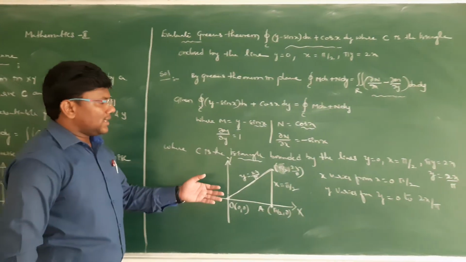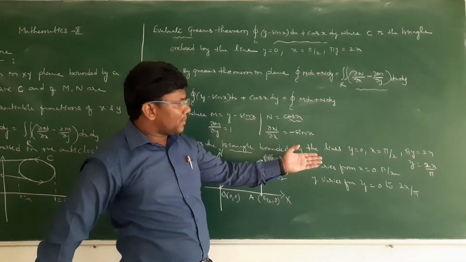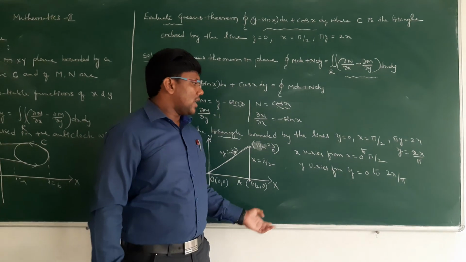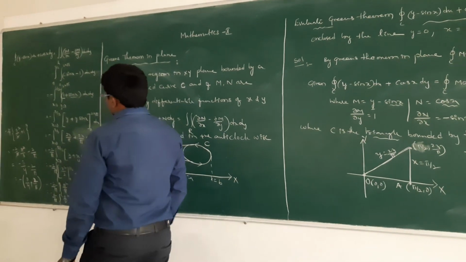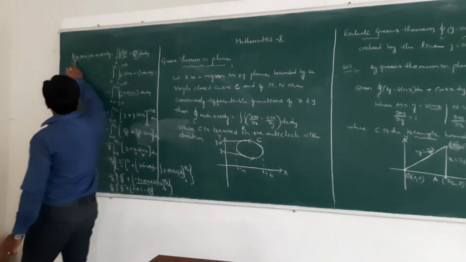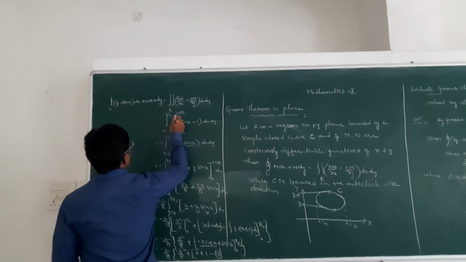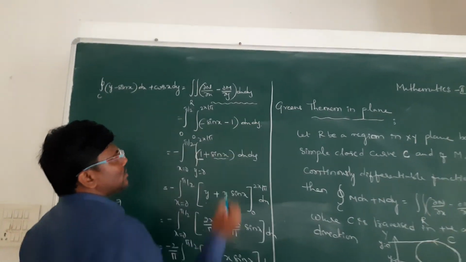Then we can define the region: x varies from 0 to pi by 2 and y varies from 0 to 2x by pi. We will take the LHS value, integral over C of (y minus sin x) into dx plus cos x into dy, which equals the double integral over R of (dou N by dou x minus dou M by dou y) dx dy, where x varies from 0 to pi by 2 and y varies from 0 to 2x by pi. This is the value we are going to simplify.